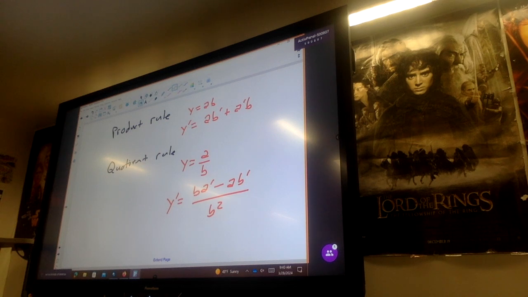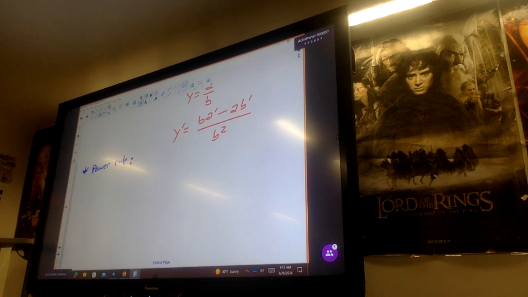That's what I'm looking for. This is a new rule now. This is called the power rule. Okay? Alright, so the power rule is gonna work this way, and I have to give an example, because I can't really do it phonetically with letters.